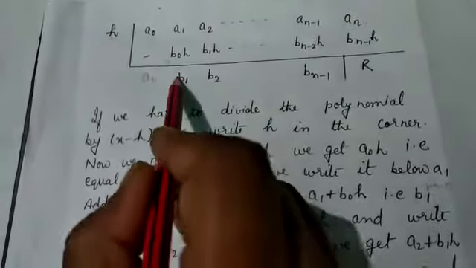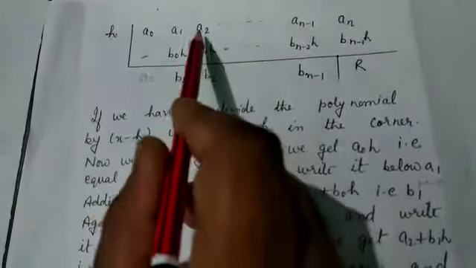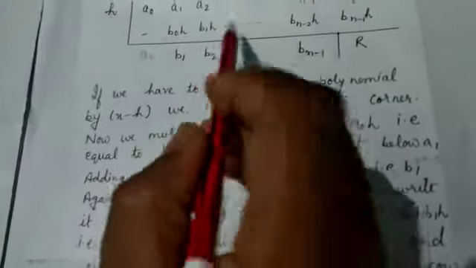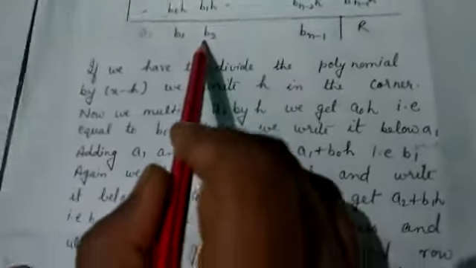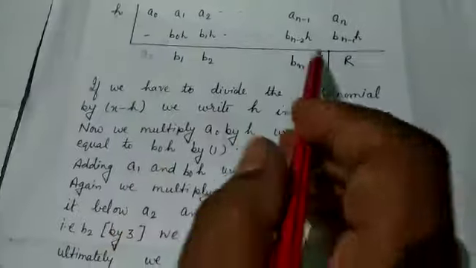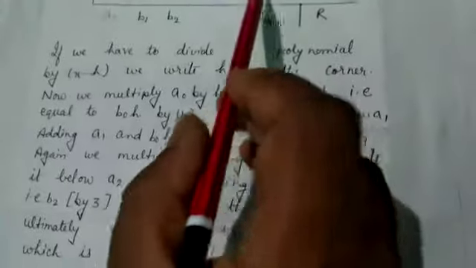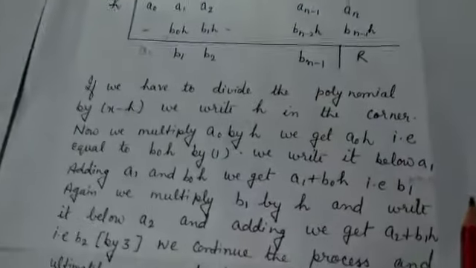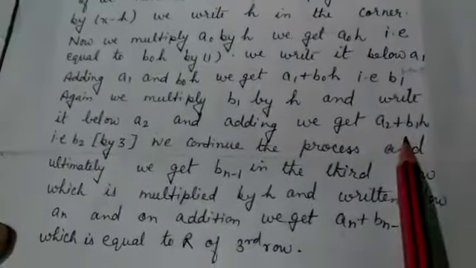Again we will add a2 and b1h. a2 plus b1h will give b2. Similarly, we will go on adding, and then we will get b(n-1), and we continue the process.